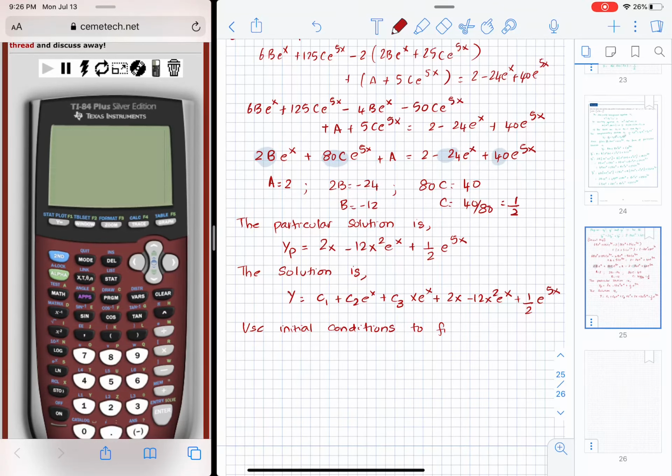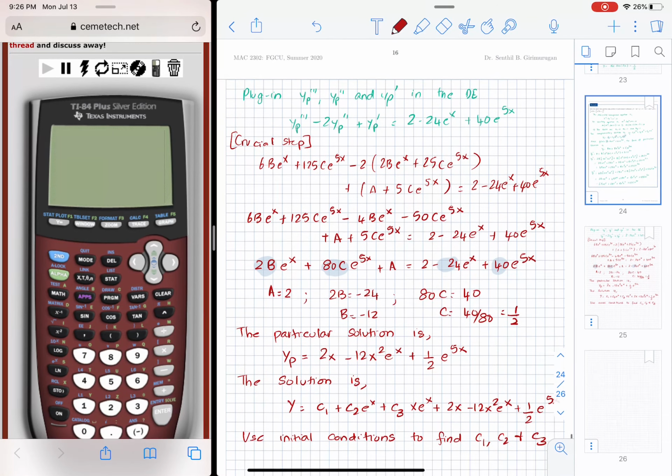to find C1, C2, and C3. An initial value problem is no different from a boundary value problem. The only difference is instead of initial conditions, we have boundary conditions, and typically initial value problems involve several derivatives. Boundary value problems, not so much.